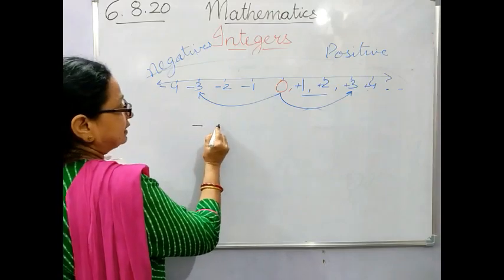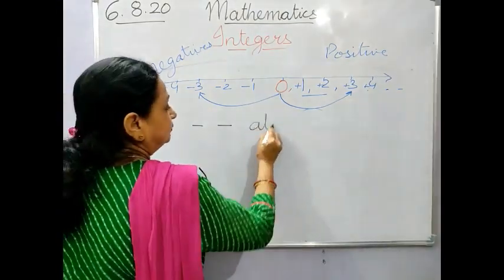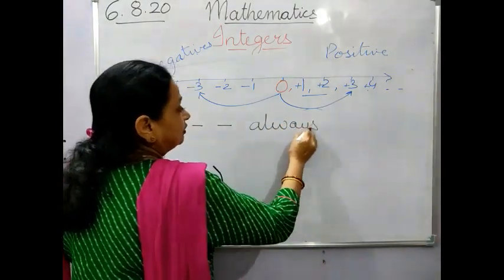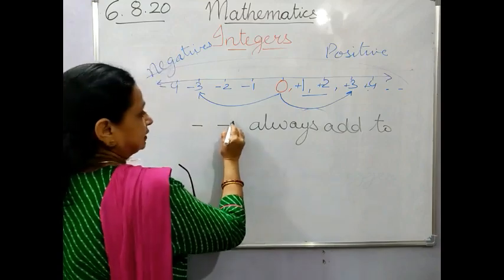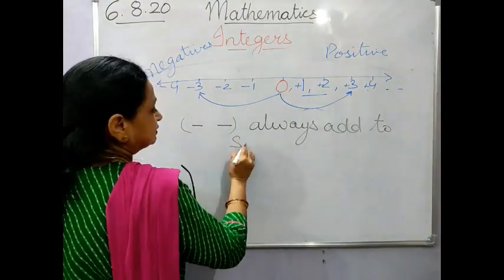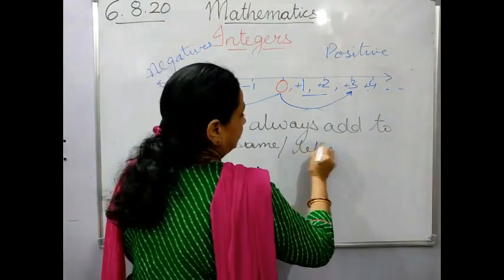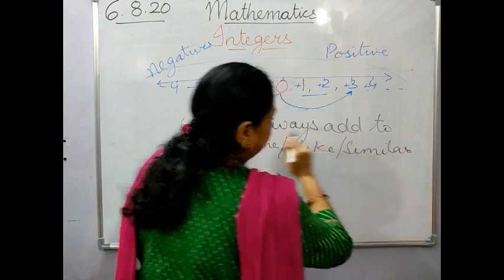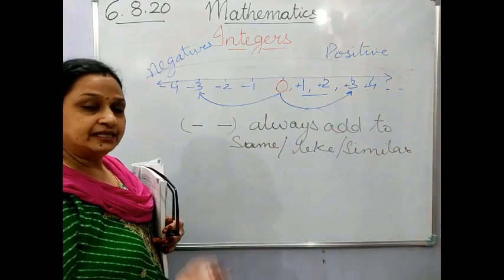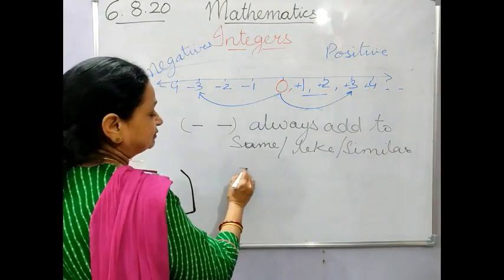if two similar signs are there, same signs, like signs, then you add the digits, and the answer which you get will have the same sign.